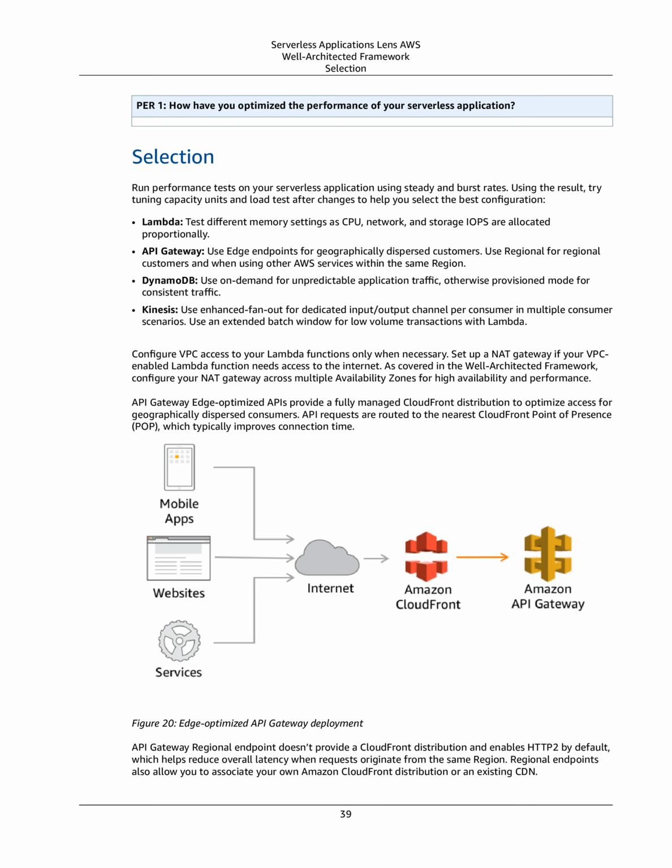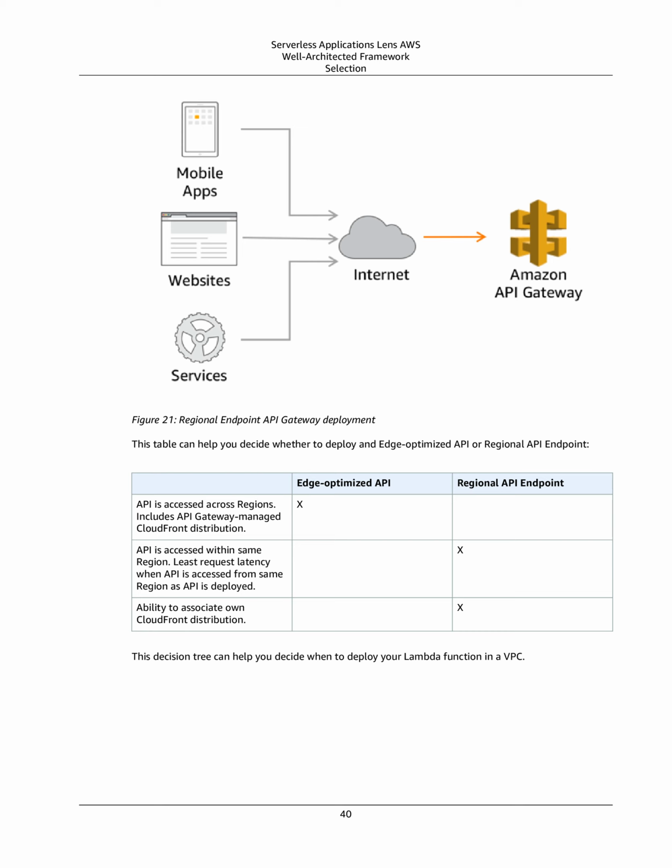Regional endpoints also allow you to associate your own Amazon CloudFront distribution or an existing CDN. This table can help you decide whether to deploy an edge-optimized API or regional API endpoint. This decision tree can help you decide when to deploy your Lambda function in a VPC.